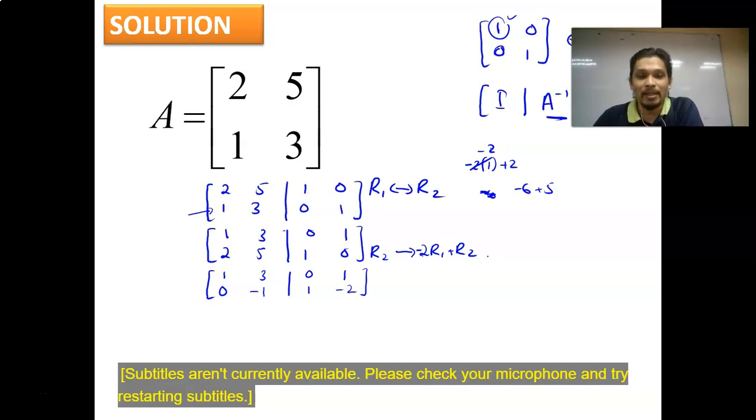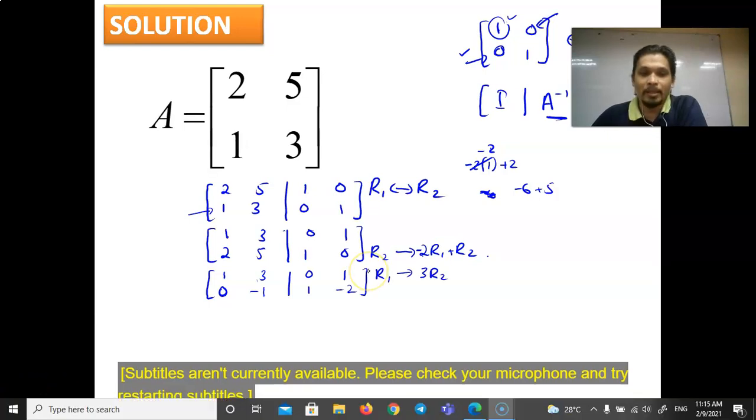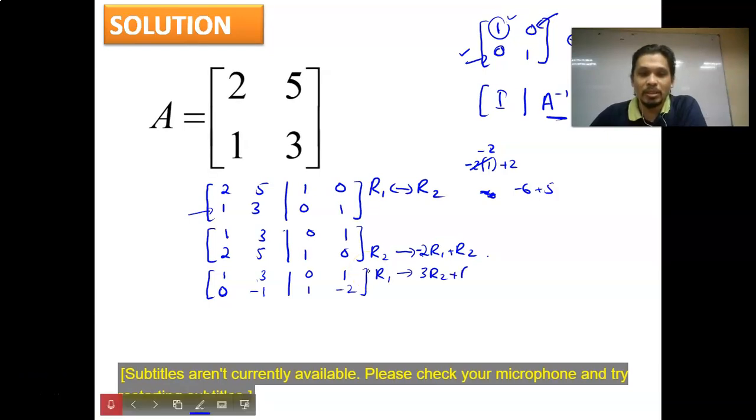Now for this 3 here. The 0 here we already have, so we achieved it. Now we'd like to change this 3 into 0. So the new R1 is 3R2 plus R1.